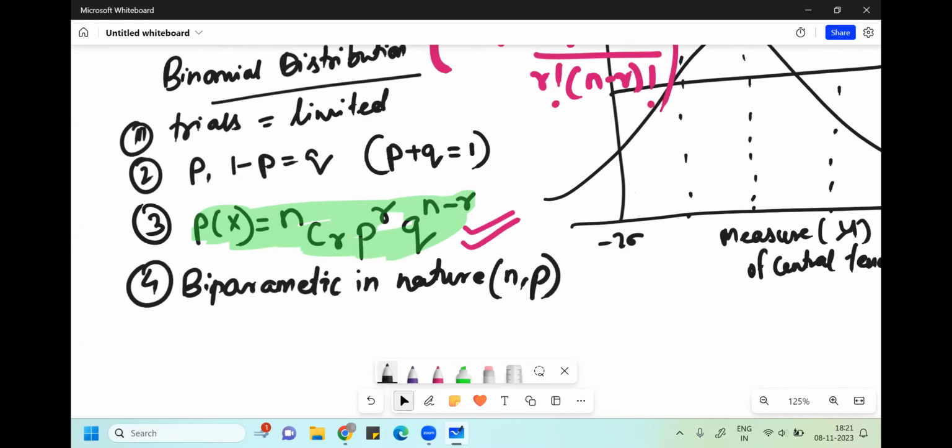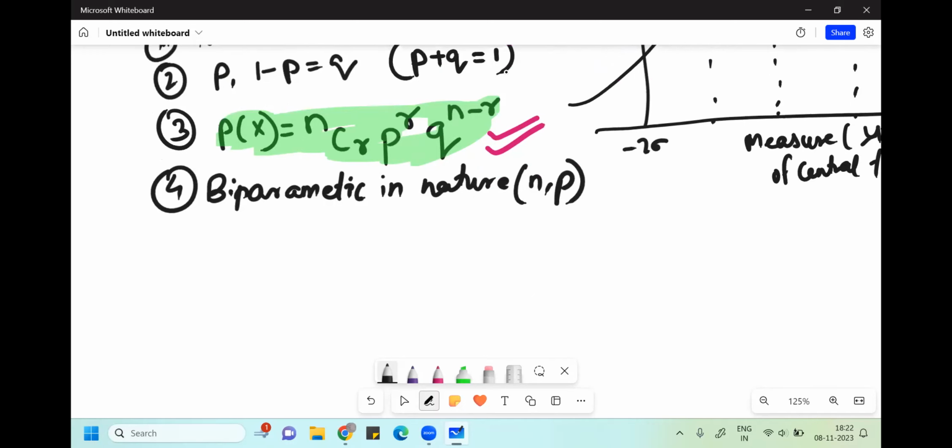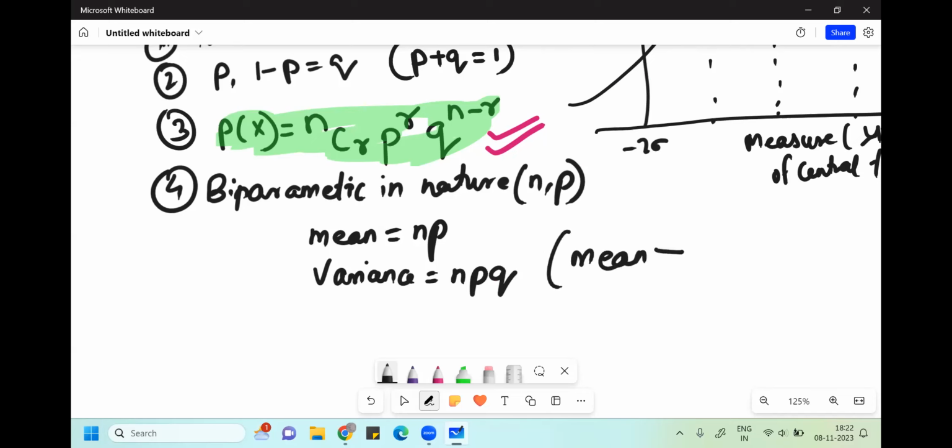So when we study binomial distribution, it is biparametric in nature, where the mean of a binomial distribution is represented with the formula n into p. The variance of a binomial distribution is n into p into q, and you always have to understand that the mean will be greater than the variance in the case of binomial distribution.